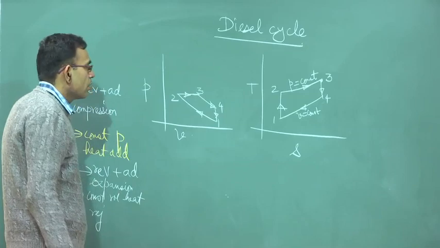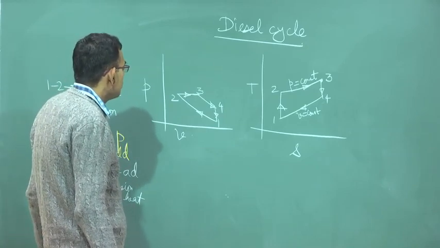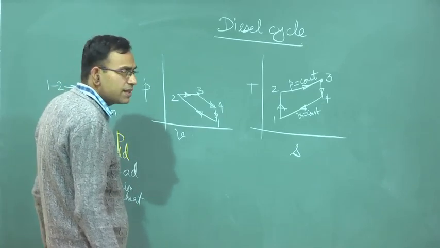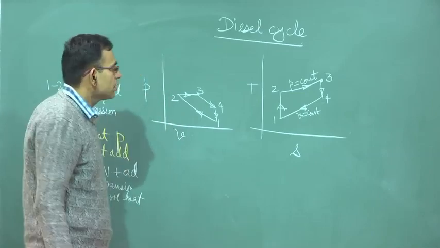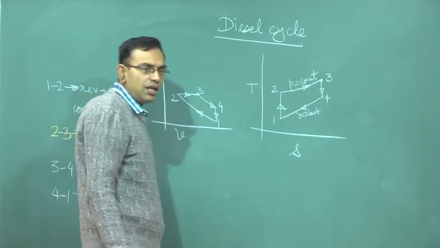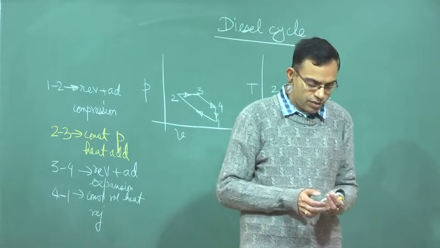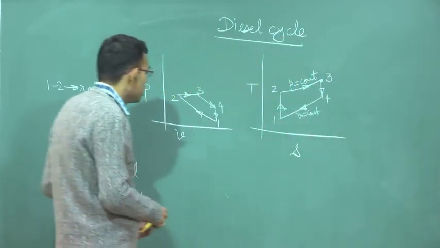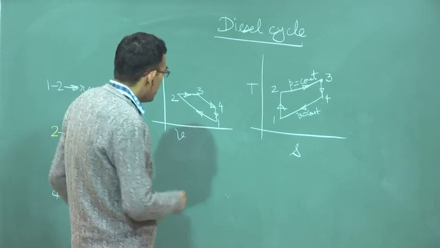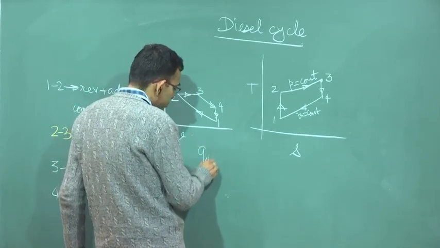Now, we are going to analyze the efficiency of this cycle and compare that with Otto cycle. That is one of the tasks that we will do. So, what is QH here?